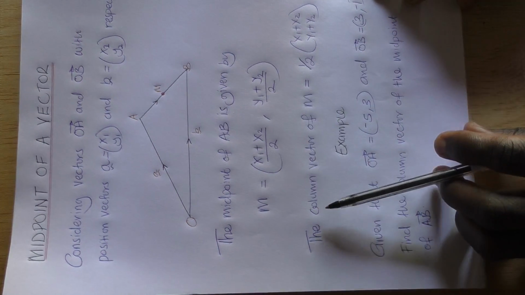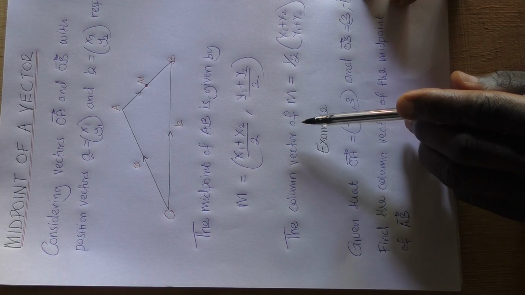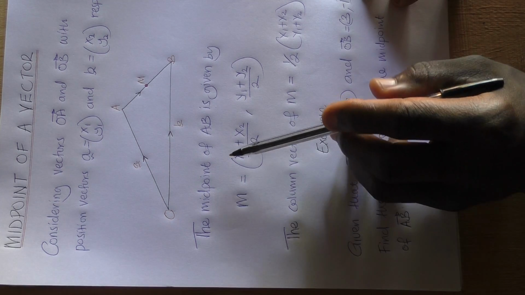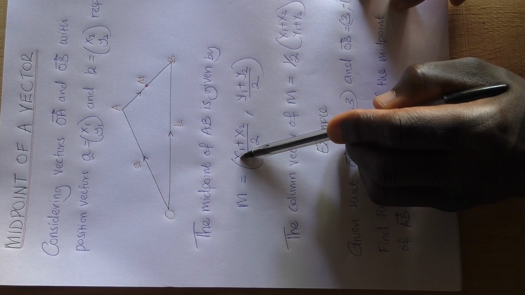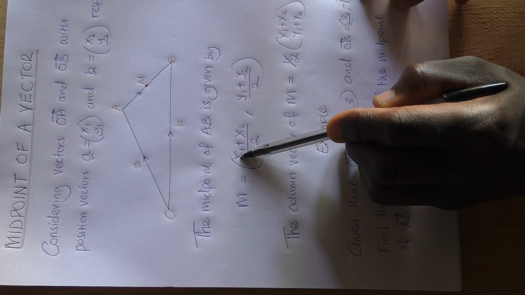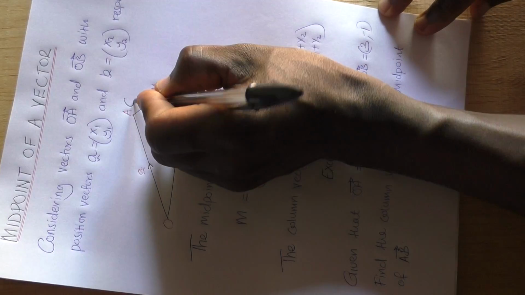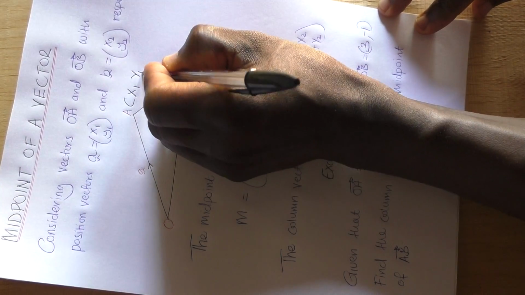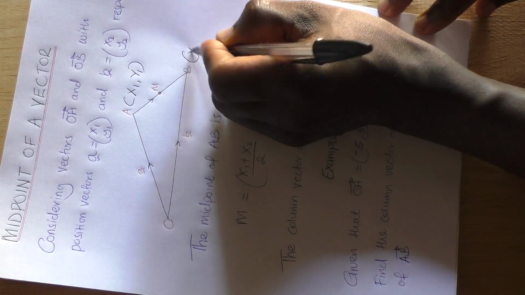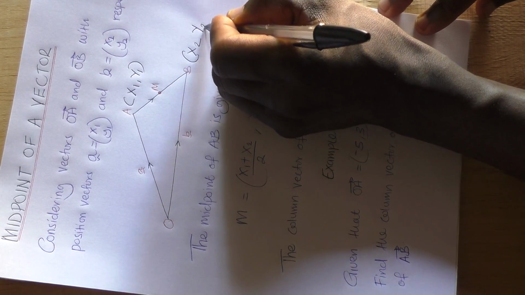The midpoint of AB is given by adding the corresponding x coordinates of A and B, because A is x1, y1, and B is x2, y2.